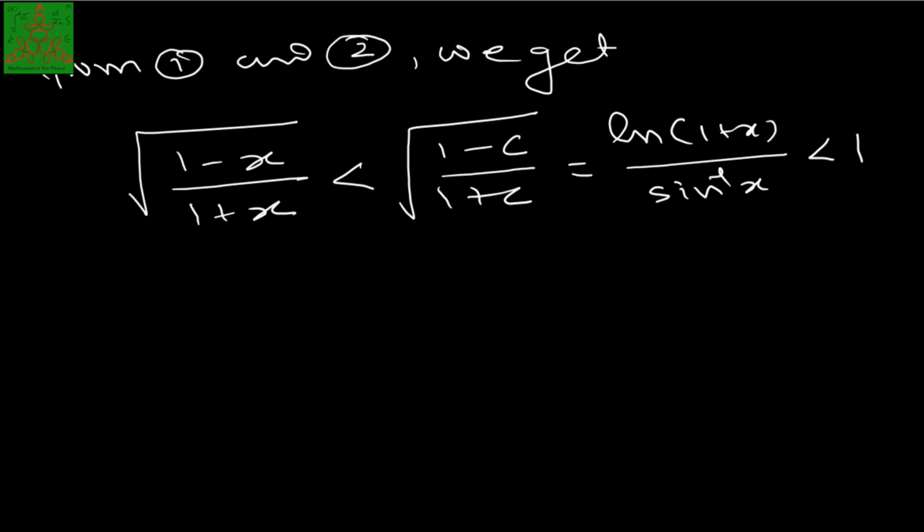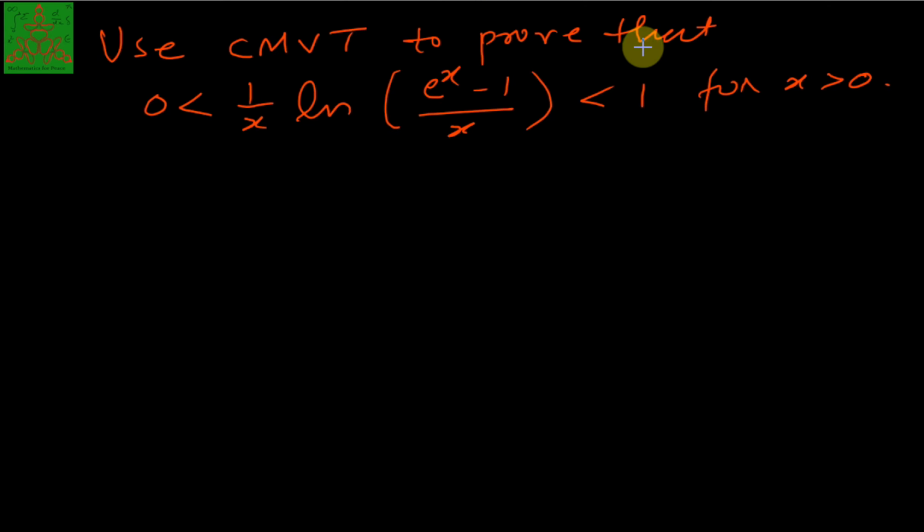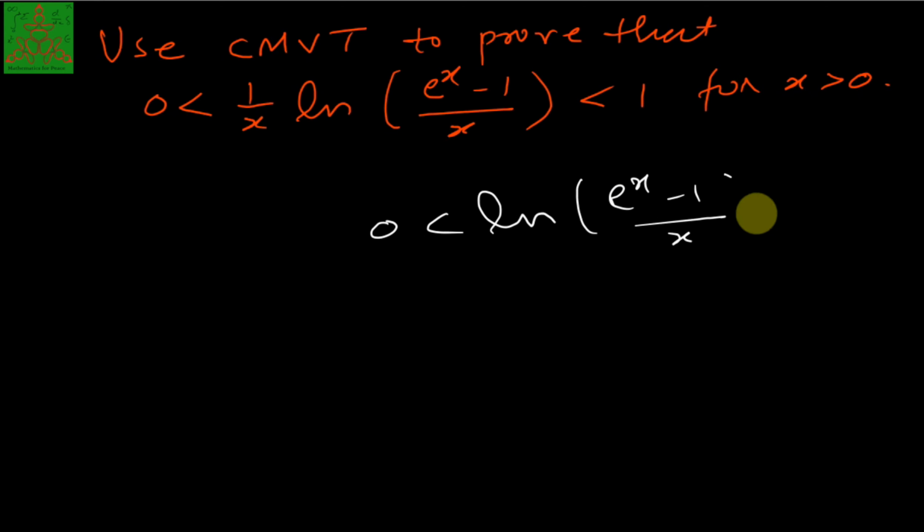Now let us have the next example. Using CMVT, prove this expression. Now here the question is how you can take out your function as the f function and the other one as the g function. Doing some rough work, this expression is 0 less than ln of (e power x minus 1) upon x is less than x.